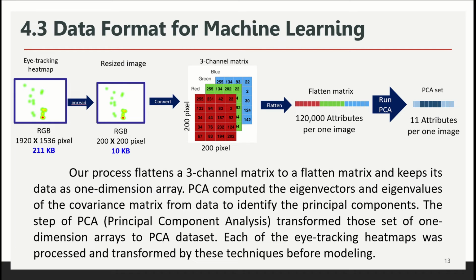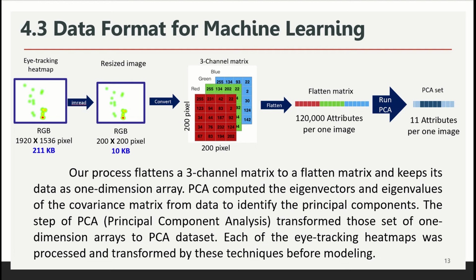Data format for machine learning. Before building the classification model, we need to transform the eye tracking heat map images to numerical values that are suitable for machine learning patterns. This slide shows our process. Our process flattens a 3-channel matrix and keeps its data as a one-dimension array.